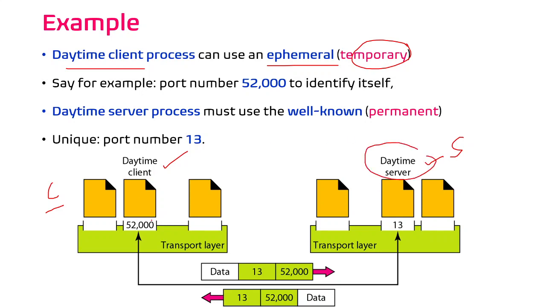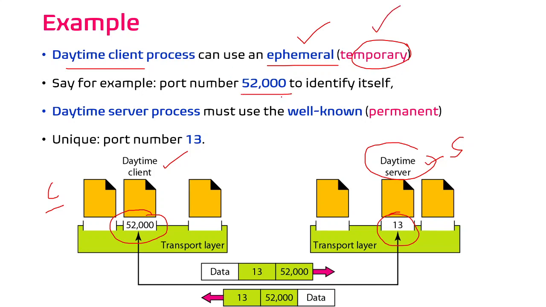So for that I am opening a port number that is chosen randomly for a process running at my client system. Through the transport layer it is passed, and I am accessing a specified, unique port number that has to be open at the server side. So this is what I have shown here. A daytime client process can use an ephemeral port number, which is temporary.